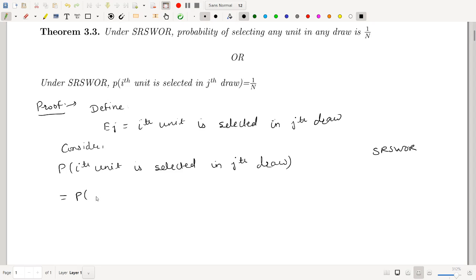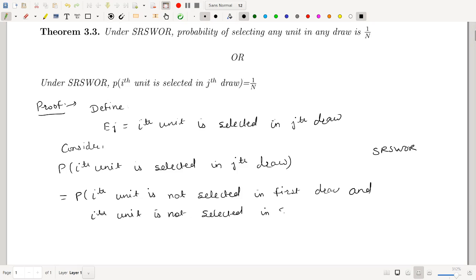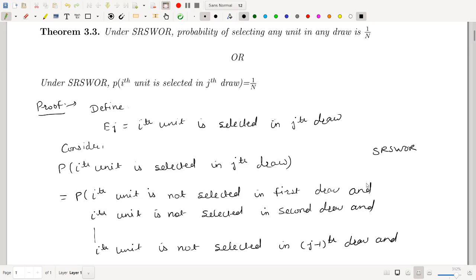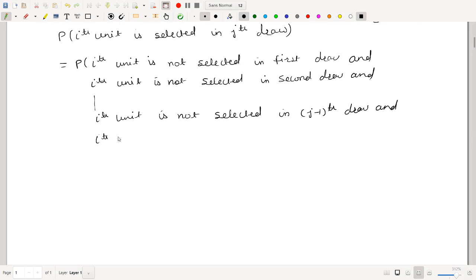So we can write this probability as probability that ith unit is not selected in first draw, and ith unit is not selected in second draw, and up to ith unit is not selected in j minus 1th draw, and then ith unit is selected in jth draw.